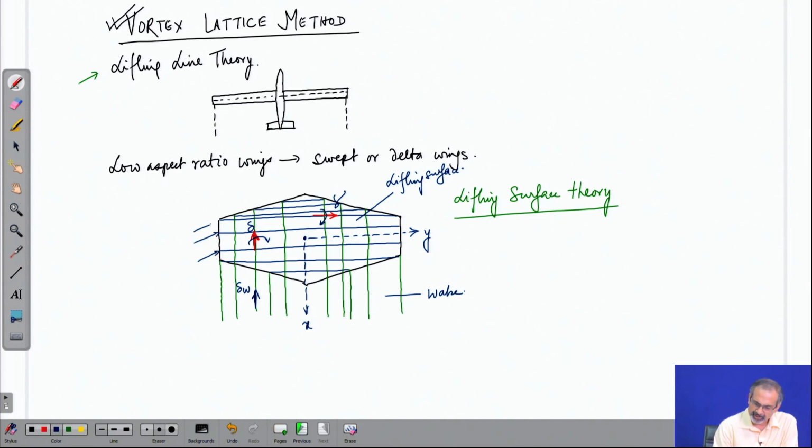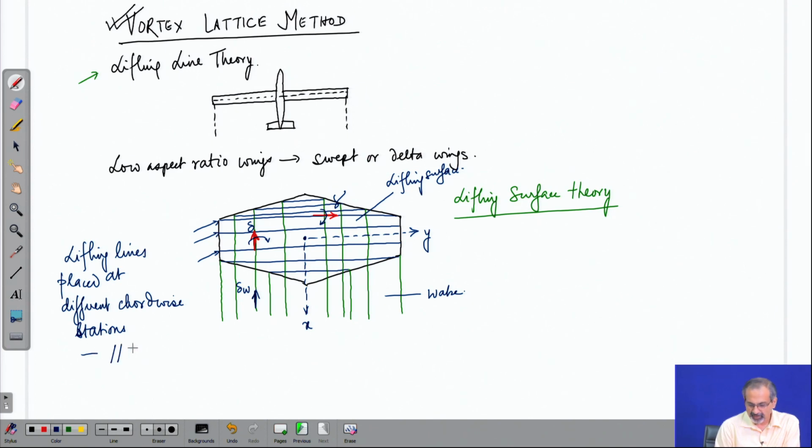So, if we look at the vortex filaments which are parallel to the y axis, these are nothing but lifting lines placed at different chordwise stations, and they are obviously parallel to the y axis.